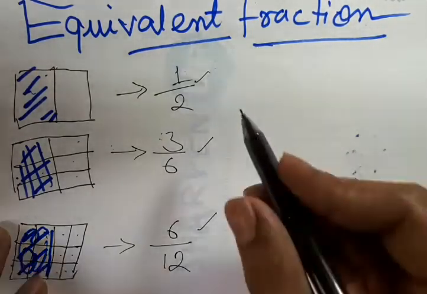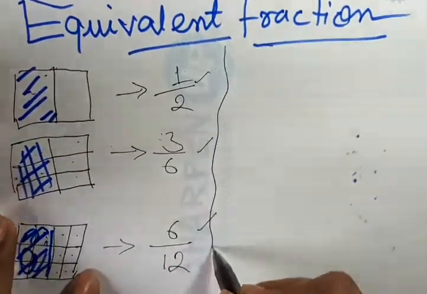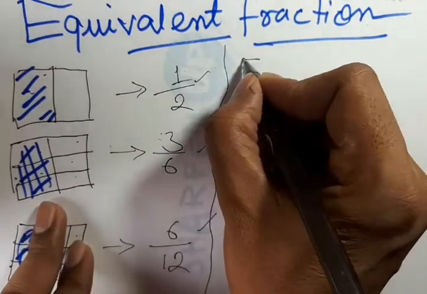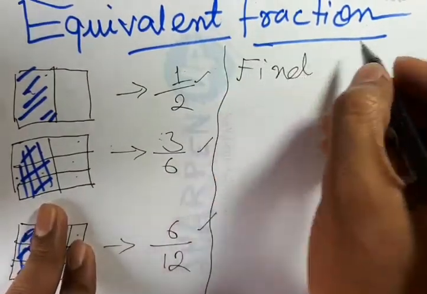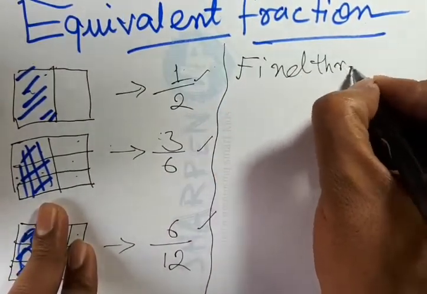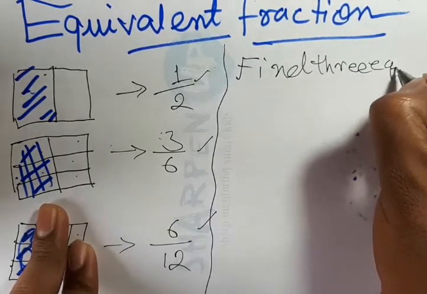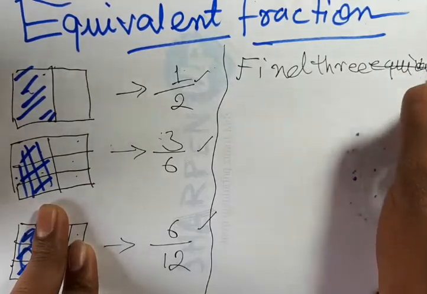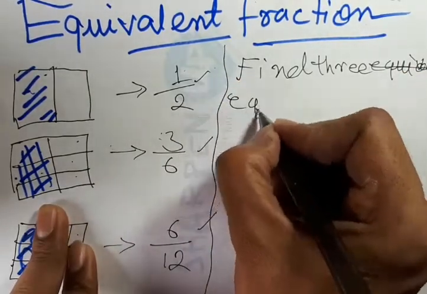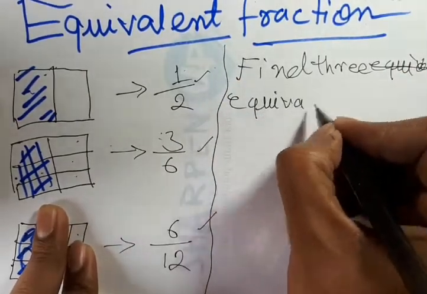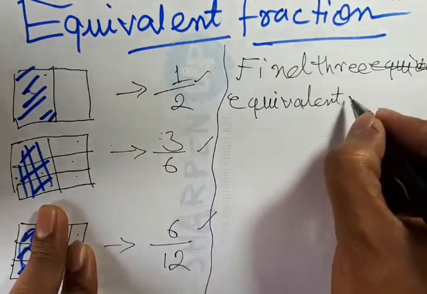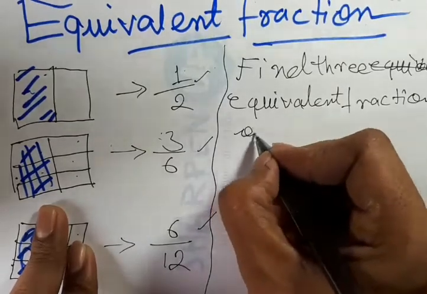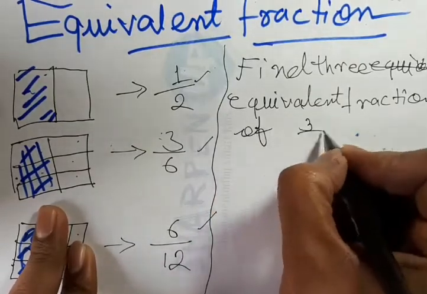So what are equivalent fractions and how do we find them? Suppose you are given a question that you have to find 3 equivalent fractions of 3/4.